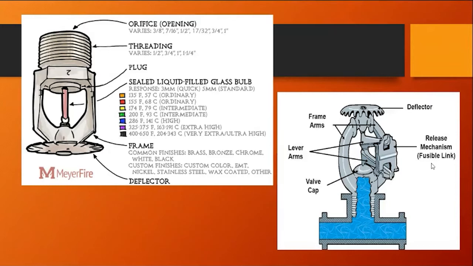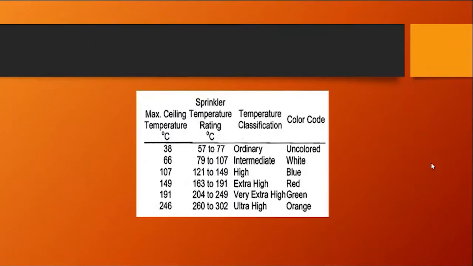Mechanical feasible din lang po. Baka binaliktad lang, no? Opo, pinataas lang, sir, para makita po. Well, clip, lever arms, frames. Okay. Deflector. So, ito po yun, sir, yung mga kulay, sir. Table po. Okay. Ceiling temperature, temperature rating. Patingin nga, temperature classification, high, ultra high. Yan. So color-coded talaga.